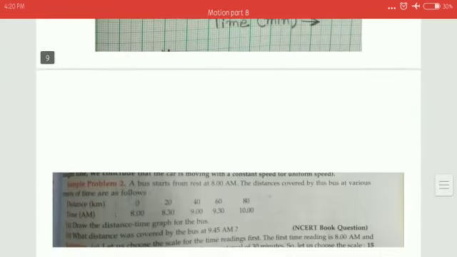Now another question. A bus starts from rest at 8 am and the distance covered by the bus at various times is as follows. Distance in kilometers: 0, 20, 40, 60, 80.